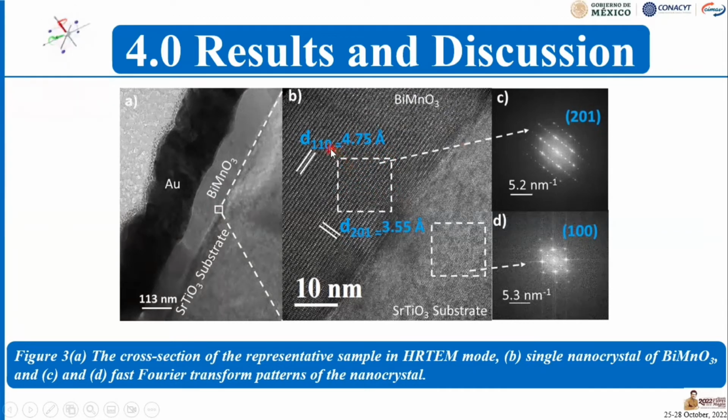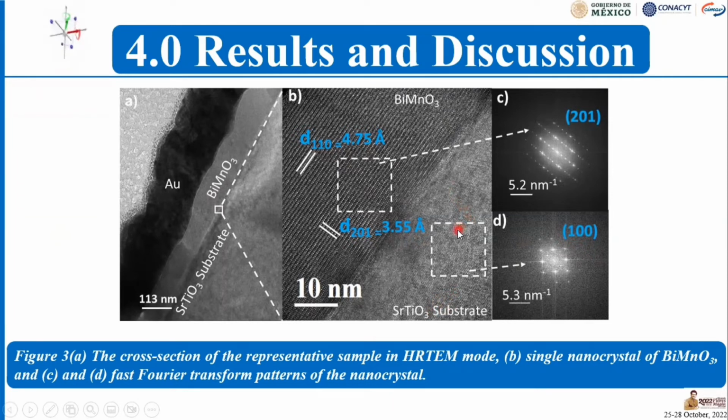An interplanar distance is observed, 110, which equals 4.75 Angstrom units, and 201, which equals 3.55 Angstrom units of the thin film, while 100 is of the substrate.